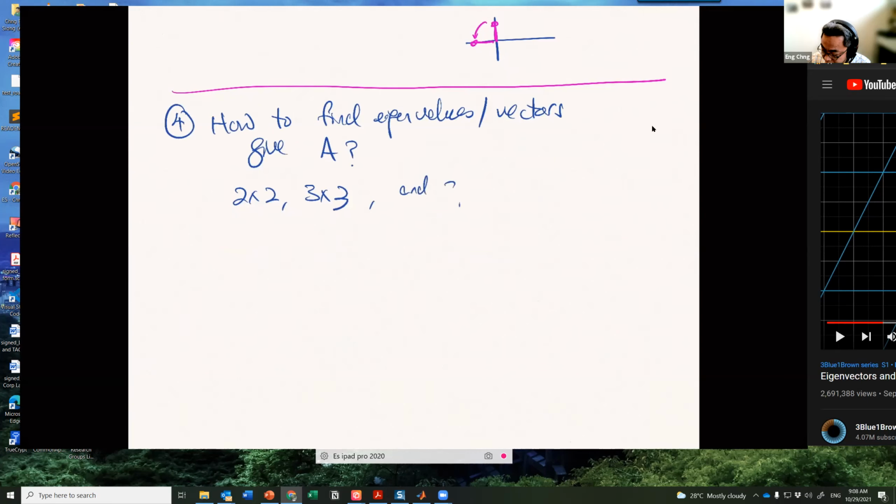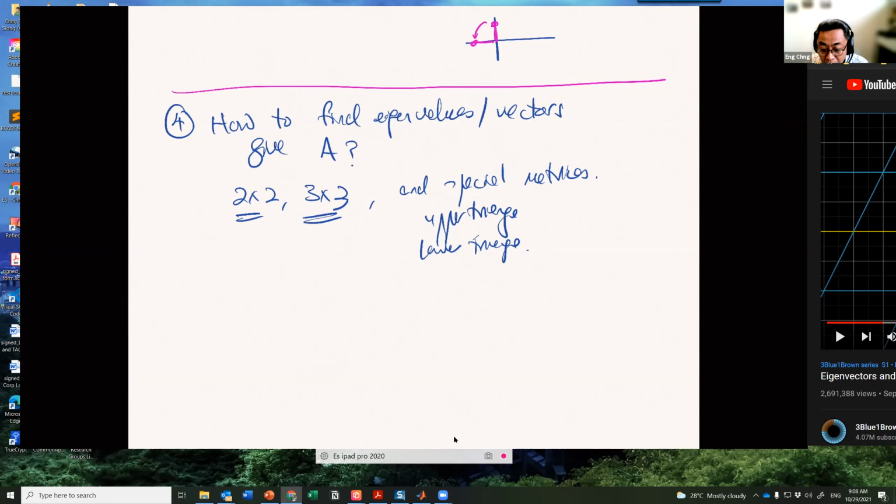There are certain special matrices, like upper triangular and lower triangular, where you have some tricks to find the eigenvalues and eigenvectors more easily. But typically, we only deal with these two cases.